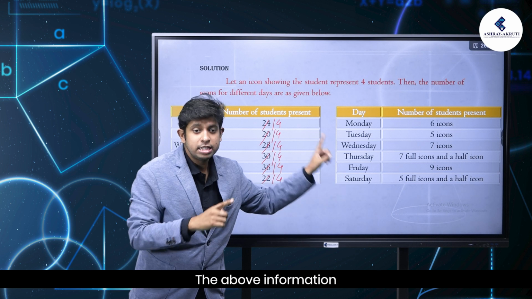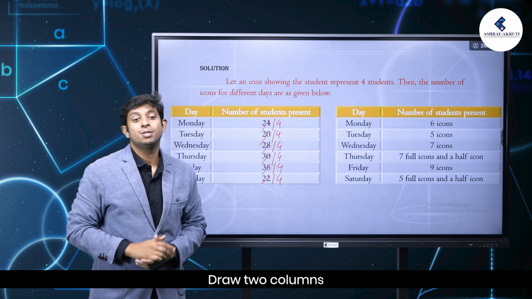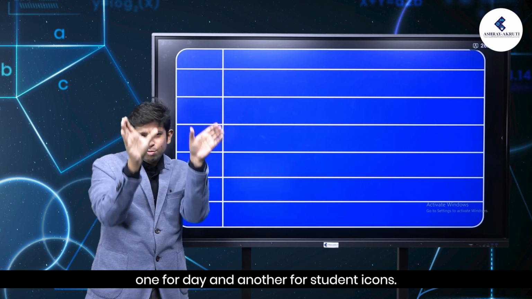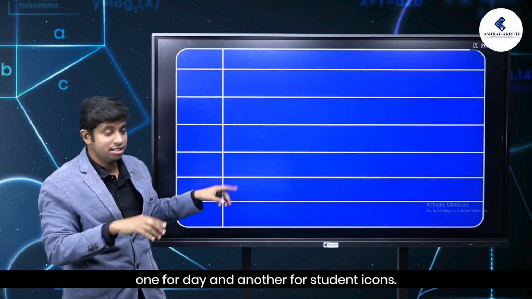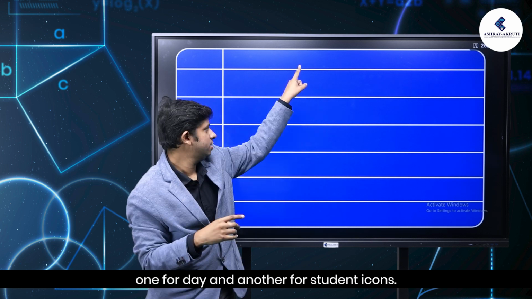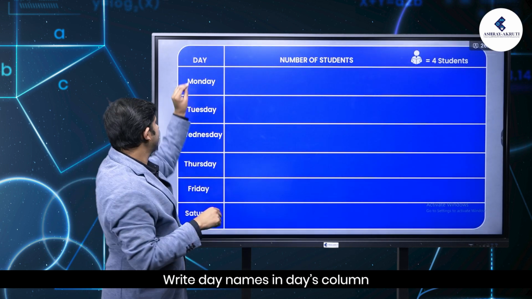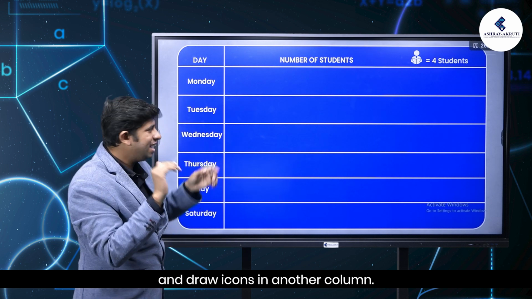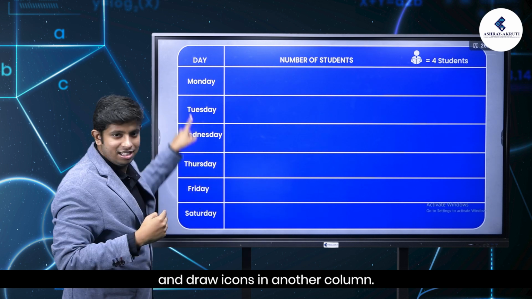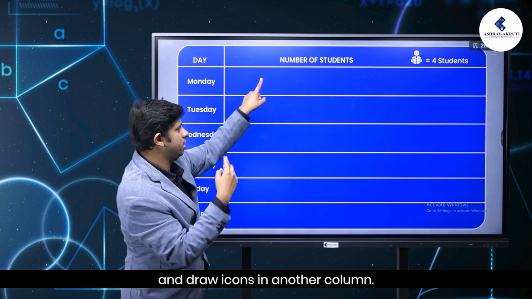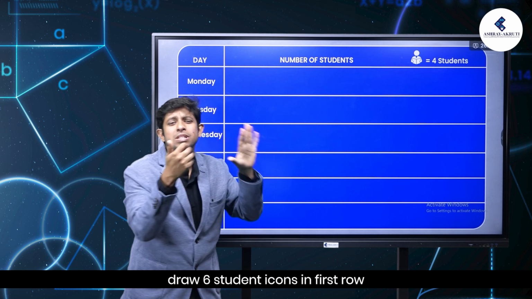The above information can be represented by the following pictograph. Draw 2 columns, one for day and another for student icons. Write day names in the day column and draw icons in the other column. Draw 6 student icons in the first row.